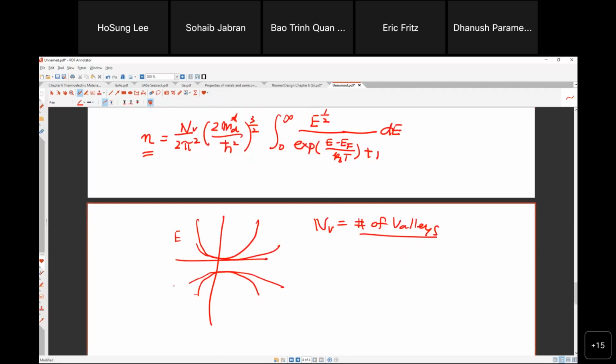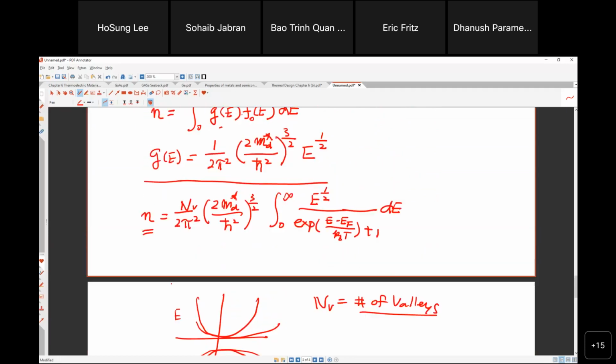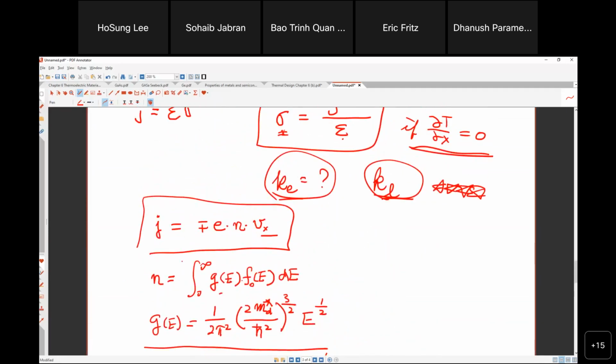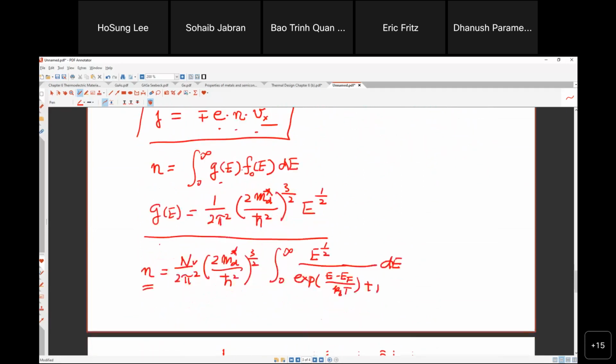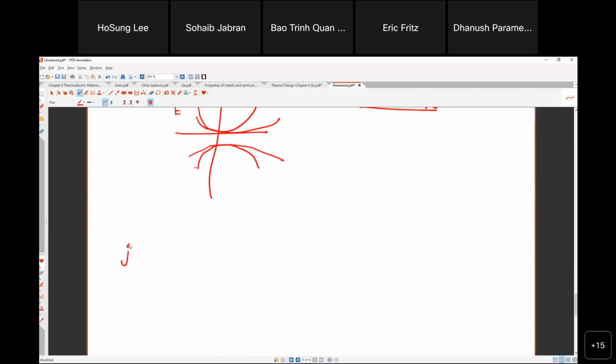Now, what is here again? N e velocity. So again, we can look at the electron density as the integral of electric charge, velocity, density of states, and Fermi distribution.